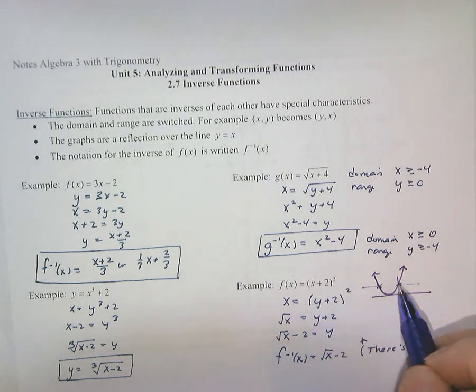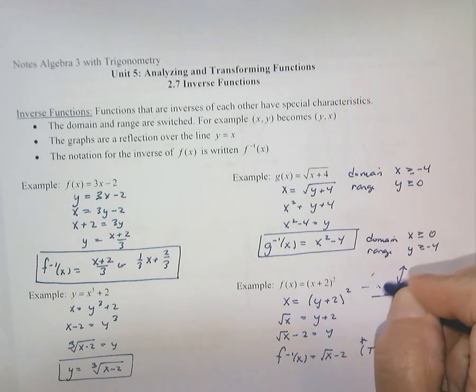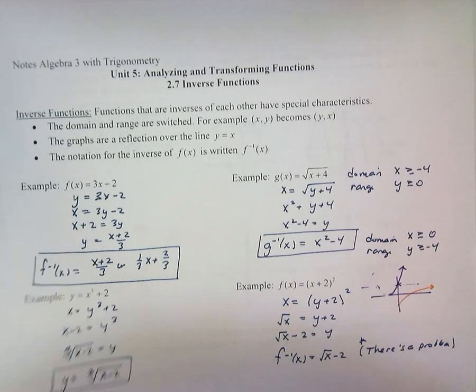But if I looked at this and said, okay, let's get rid of this part, let's not even look at that one, let's just look at this, well, then that part would have an inverse. And what that inverse would look like is like this. So that's why I said there's a problem here, because this one doesn't have an inverse, but there is the inverse of part of it.